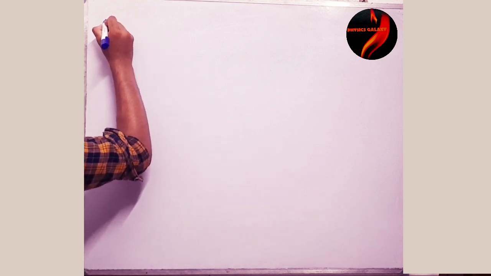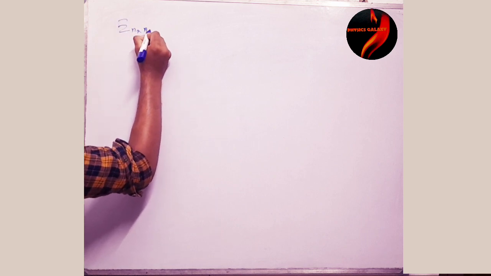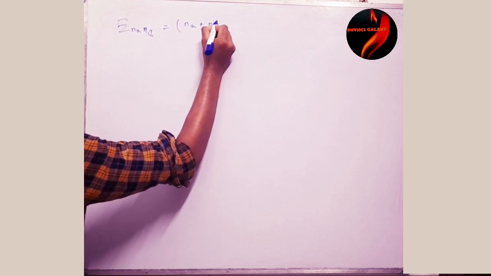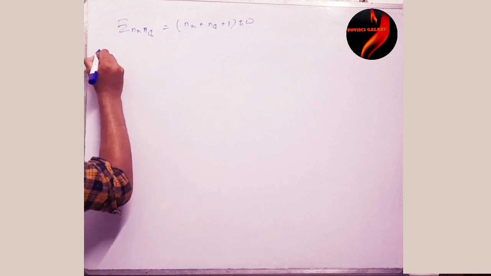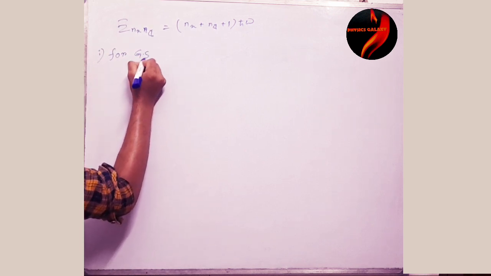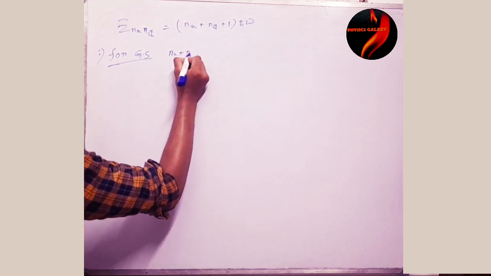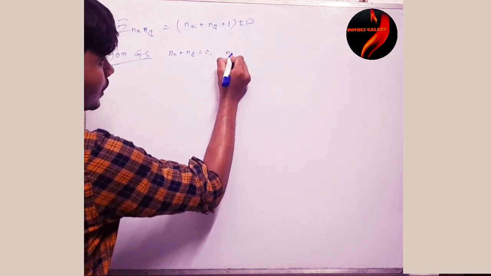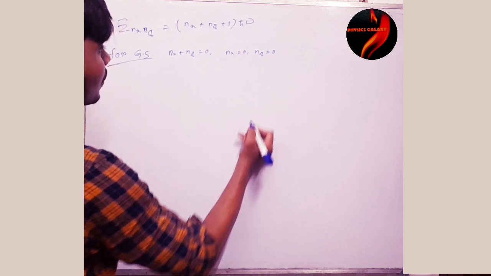We know that the energy E(nx, ny) equals (nx plus ny plus 1) h cut omega. For the ground state, nx plus ny equals 0, which means nx equals 0 and ny equals 0.